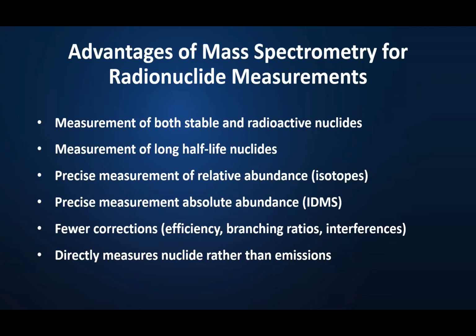But when it comes to matrix-based measurements, such as gamma ray spectrometry, which Richard mentioned earlier, which requires relatively little sample prep, it can be quite high, on the order of almost up to 5%.